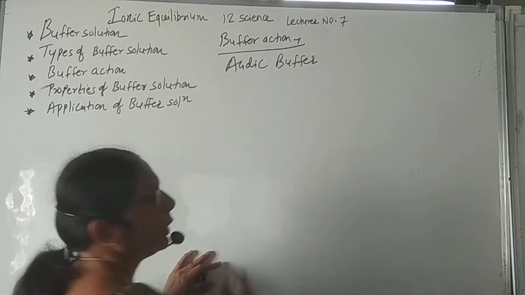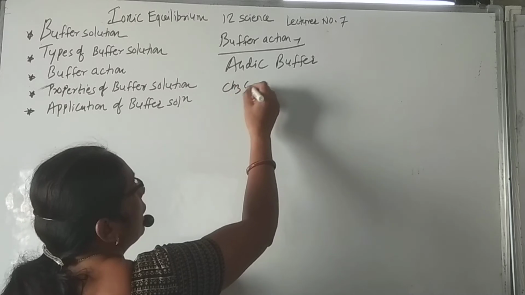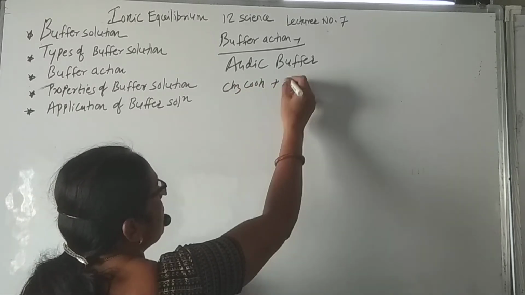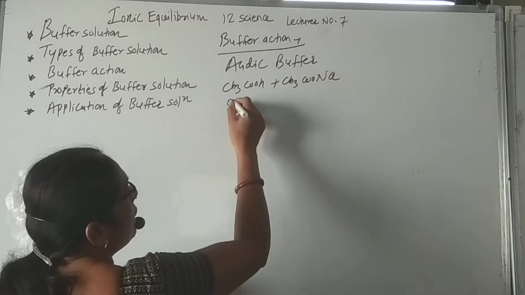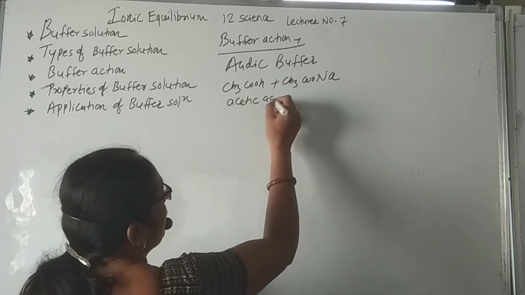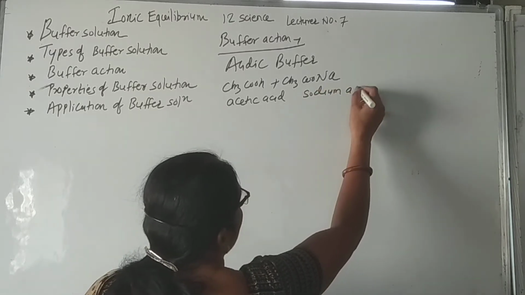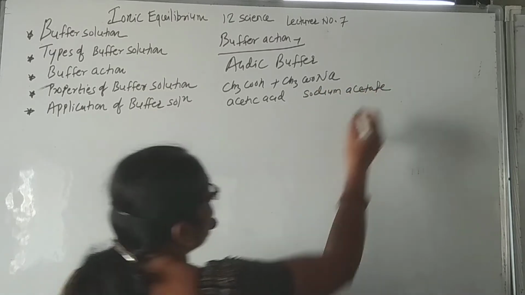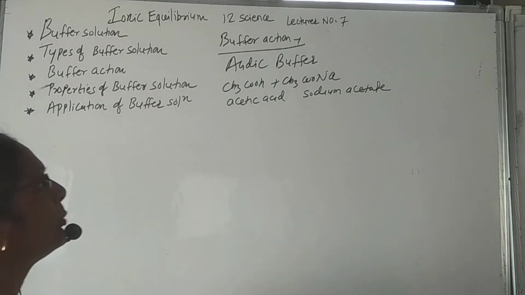An acidic buffer is a weak acid and its salt with a strong base. The weak acid is acetic acid and its salt with a strong base is sodium acetate. So the mixture of acetic acid and sodium acetate is used as an acidic buffer.